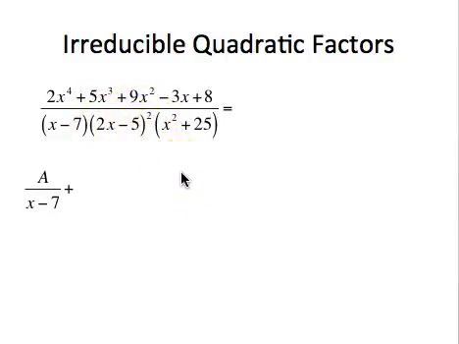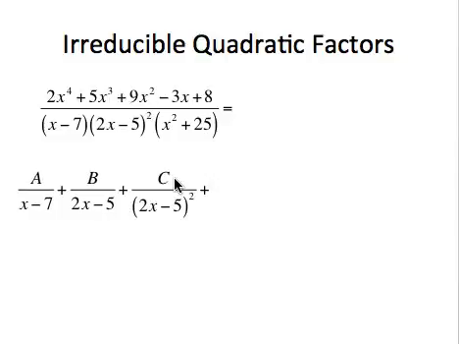I will need b over 2x minus 5 for one of those. But then I will need another thing over 2x minus 5 squared. So it'll be c over 2x minus 5 squared. And then the last thing we have here is x squared plus 25. That is a sum of two perfect squares. It does not reduce.